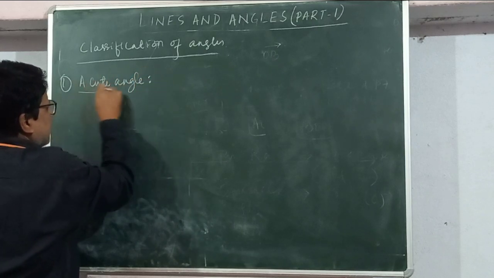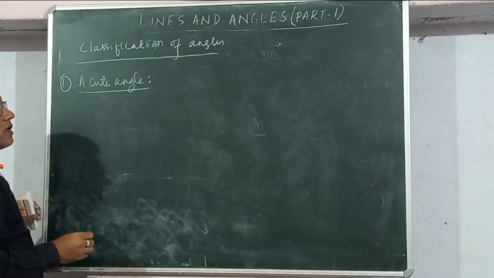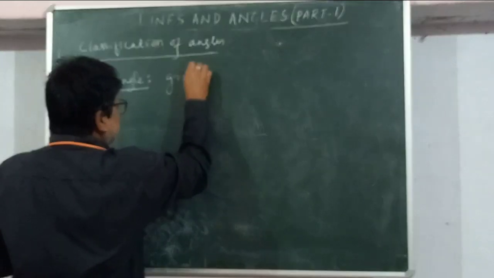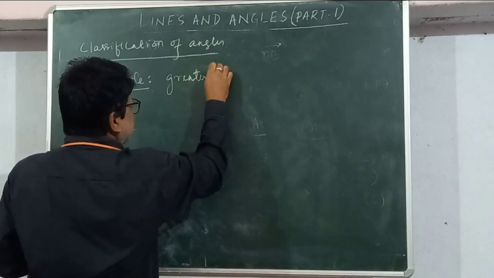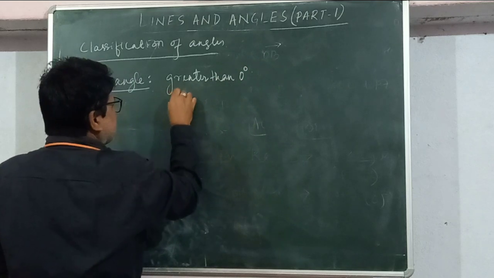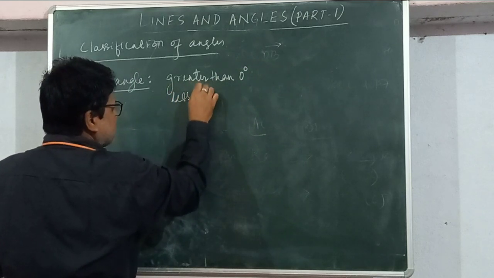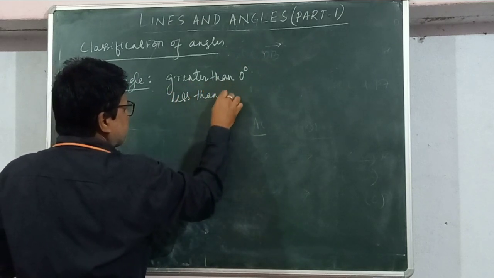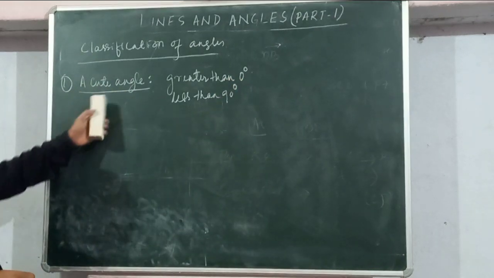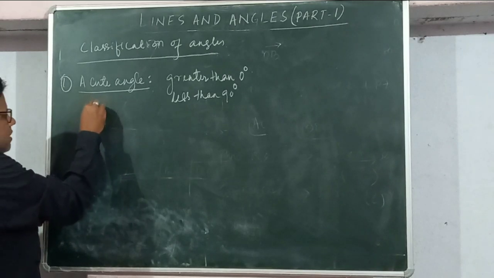An angle whose measure is greater than 0 degree but less than 90 degree is known as an acute angle.